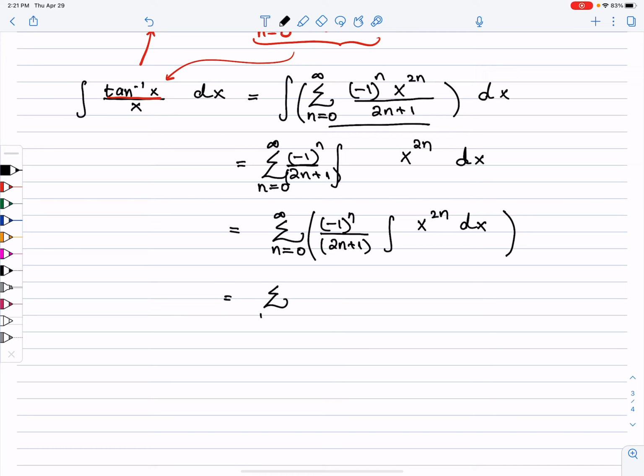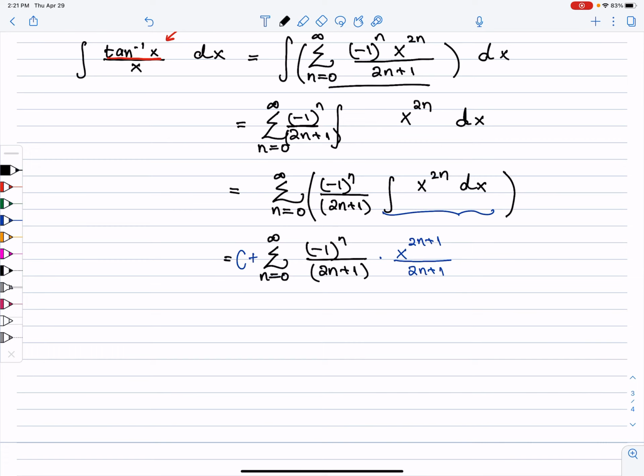We have sigma, as n goes from 0 to infinity, negative 1 to the nth over 2n plus 1. And now let's integrate. So this part here will give us x to the 2n plus 1 over 2n plus 1, and then remember, plus your constant. So I'm going to add that constant in the front.